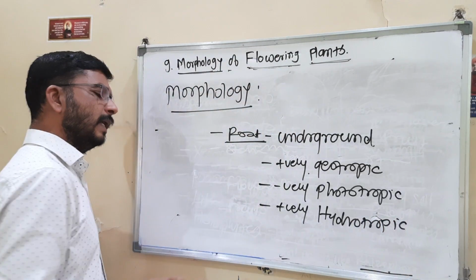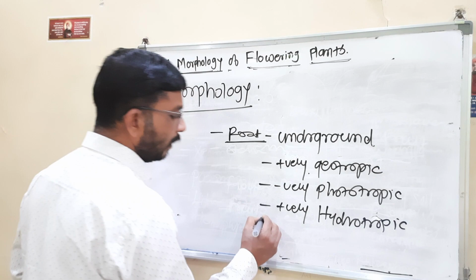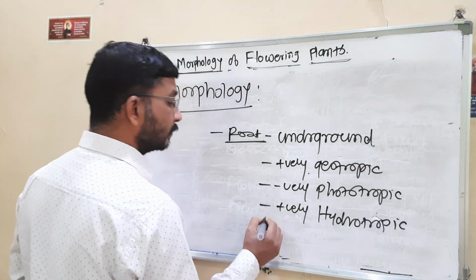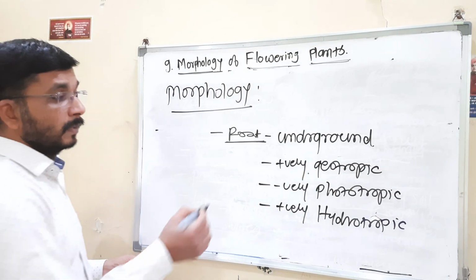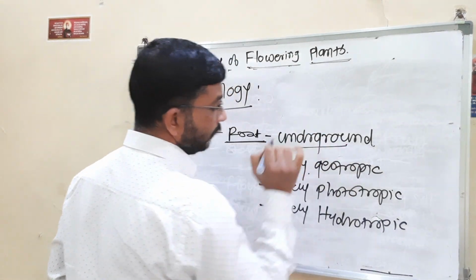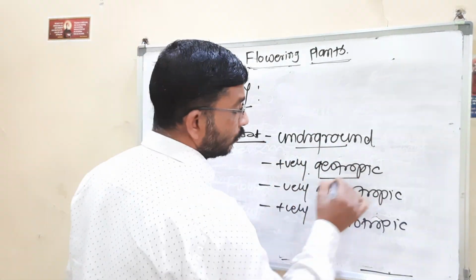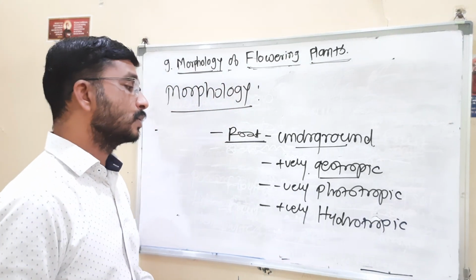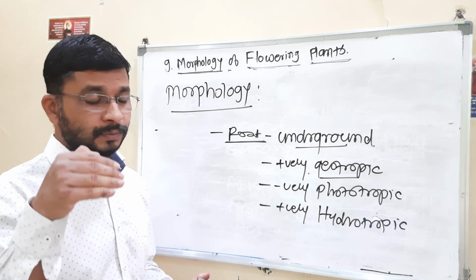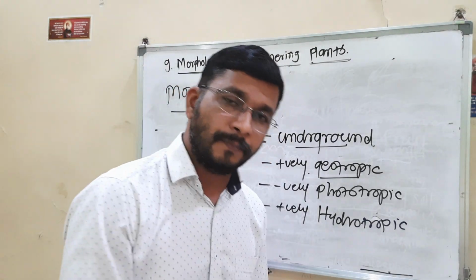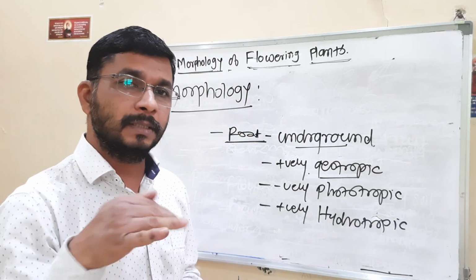These are certain characters to identify what this is. This is an underground structure. Then positively geotropic, growing towards the earth, that roots toward the ground surface, under the ground.